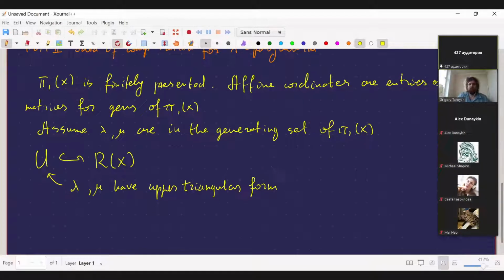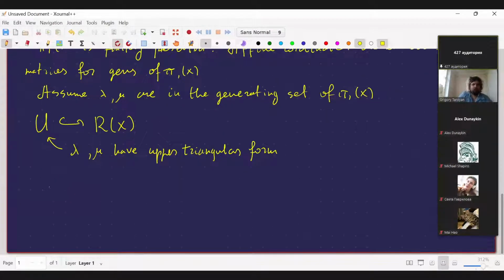The A polynomial now defines the closure of the projection of this set U. So we take the closure of the image of U, and this is the zero set of the A polynomial, as before.